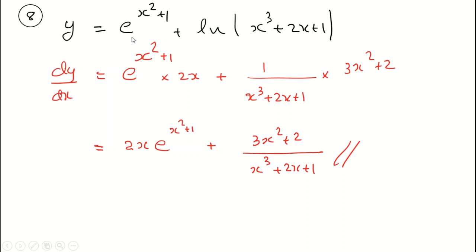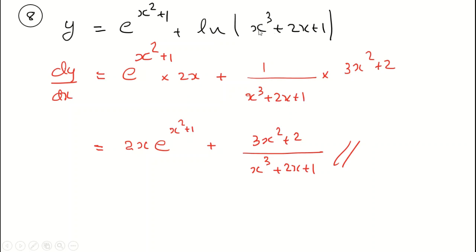Another example, e to the power x squared plus 1, plus ln of x cube plus 2x plus 1. So this is two different functions, so we differentiate them and add. When you differentiate e to the power x squared plus 1, it is e to the power x squared plus 1 into 2x, plus 1 over x cube plus 2x plus 1.